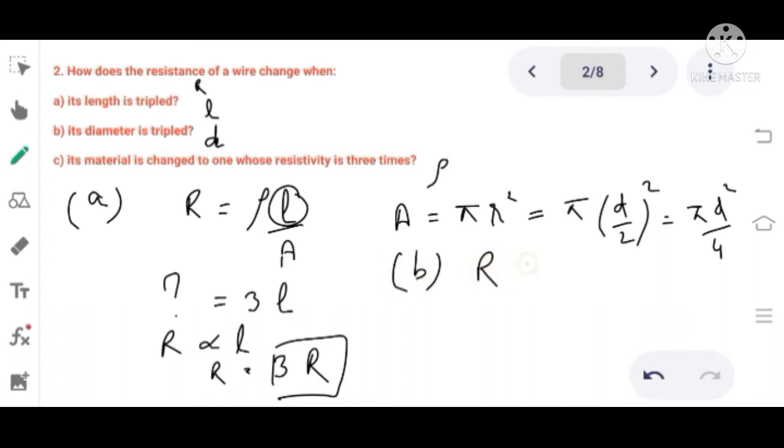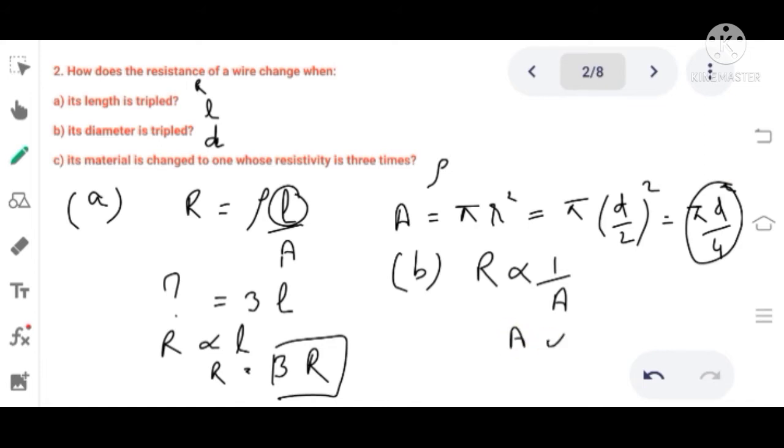Now part B, we know that resistance is inversely proportional to area of cross section, but area of cross section is not given. Diameter is given to be tripled, made 3 times. So from this formula, area is pi d square by 4. If diameter is tripled, diameter becomes 3d.